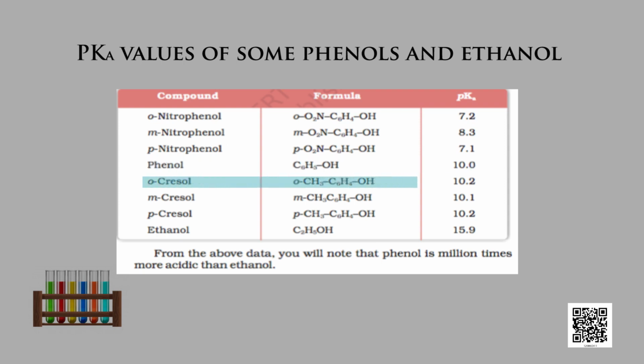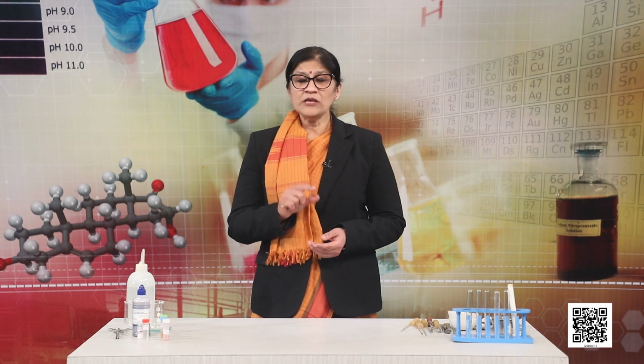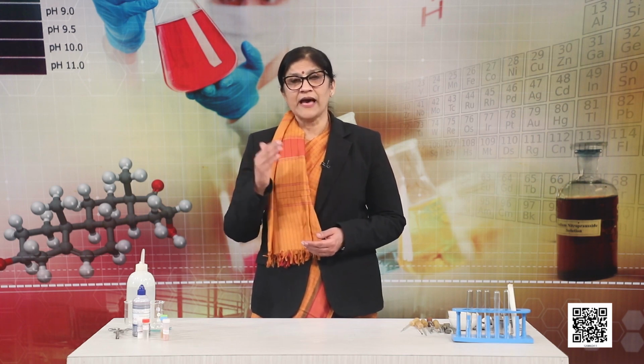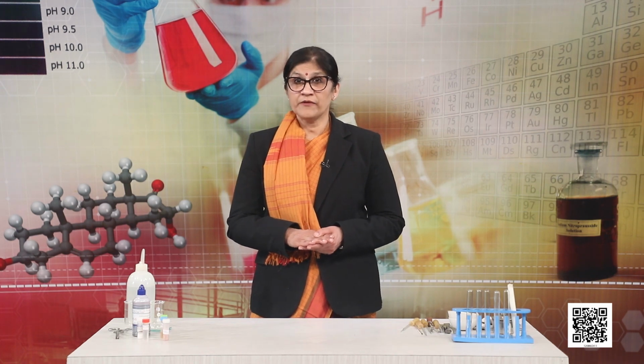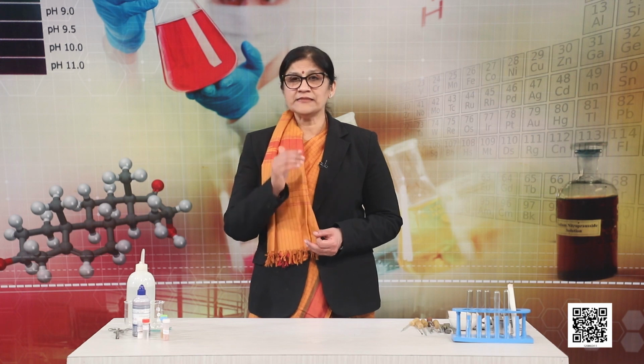Orthocresol has 10.2, metacresol has 10.1, paracresol has 10.2 again, and ethanol is 15.9. We talked about these in the previous module also, but here you can see that because nitro groups are electron withdrawing, they increase the acidic character of phenols, whereas the methyl group being electron donating decreases the acidic character of phenols.